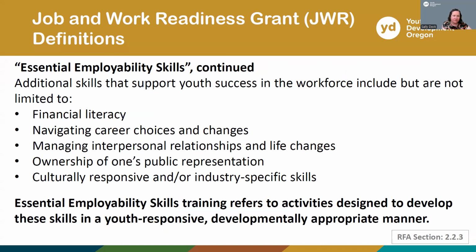And the other piece of the essential employability skills that you'll see on this slide: things like financial literacy, managing interpersonal relationships, ownership of one's public representation. That piece means how youth engage with social media in public ways, or public-facing jobs like customer service, and how a youth knows how to present to the public and how that differs from how they might present to their friends. And that's a key piece when we look at essential employability skills training, that youth are aware of how they are perceived in public and how that is different from their personal relationships.